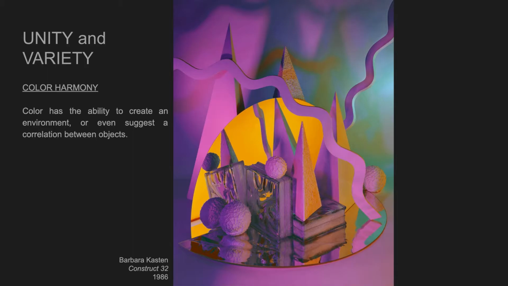So what's significant about purple and green and blue? Well, purple and green and blue all tend to be cooler colors. So this feels like a cool environment, except for the yellow, which is a warm color.